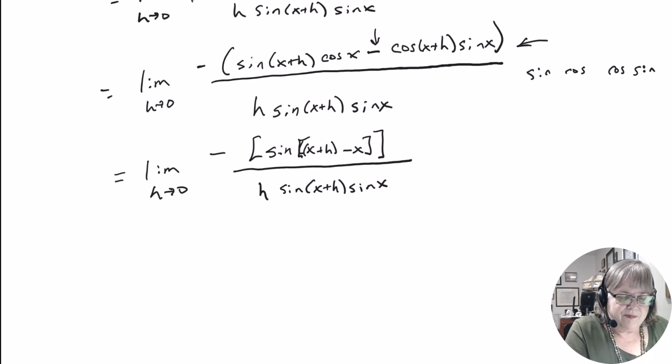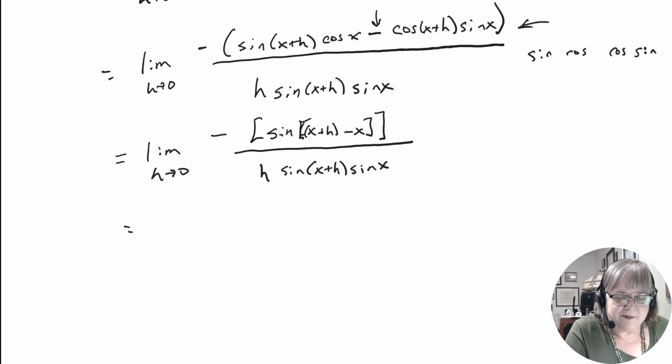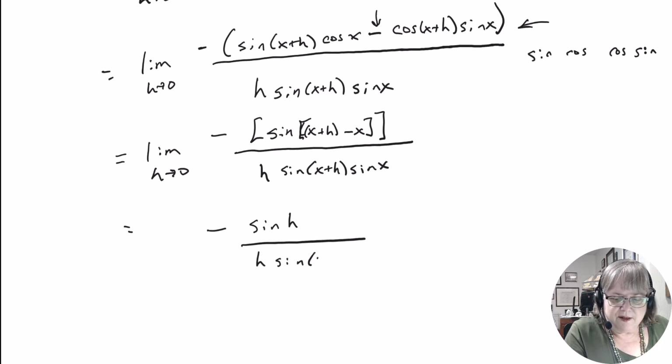All right. So then sine of x plus h minus x just becomes sine of h, over h sine x plus h sine of x.